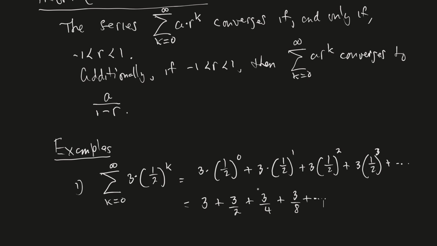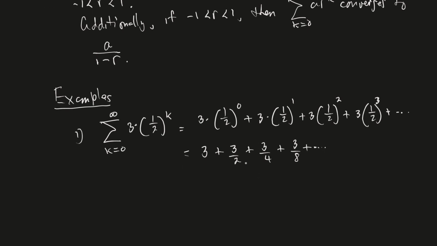So sometimes it's a lot easier to list the terms in the sum, and then you can identify. From this, we can conclude that a is equal to 3. That's our first term, and our r is 1/2. Now, we could have seen that here, but as we will see in another example in a second, sometimes a series isn't always written in this nice standard form.